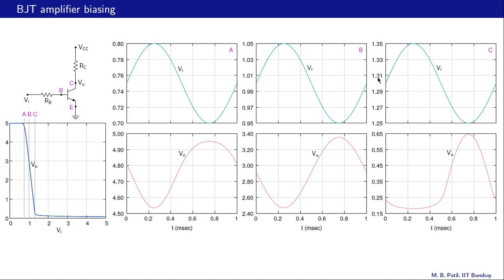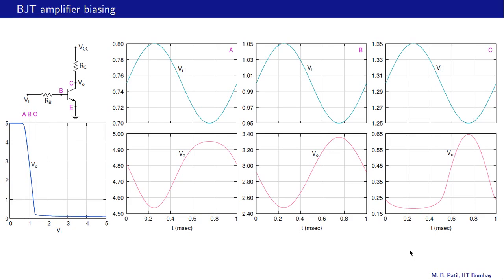And as a result, the output voltage is again highly distorted, and it's easy to see where that is coming from. The left side of C is now quite different than the right side of C. Here we have some reasonable gain, here the gain is very small, and that is where the distortion is coming from.